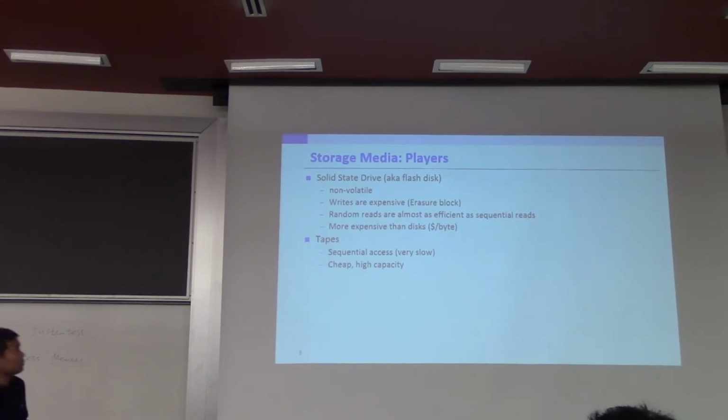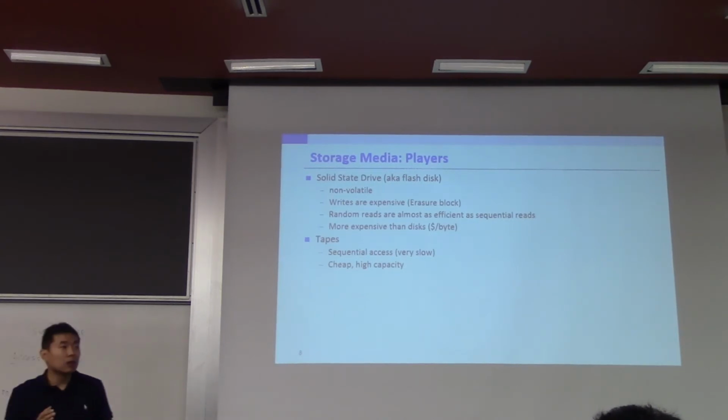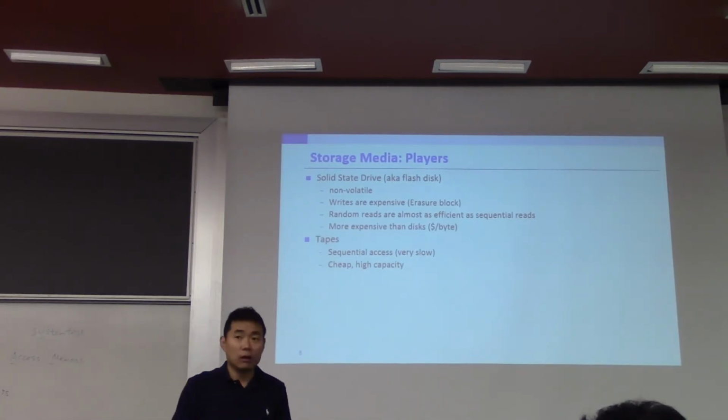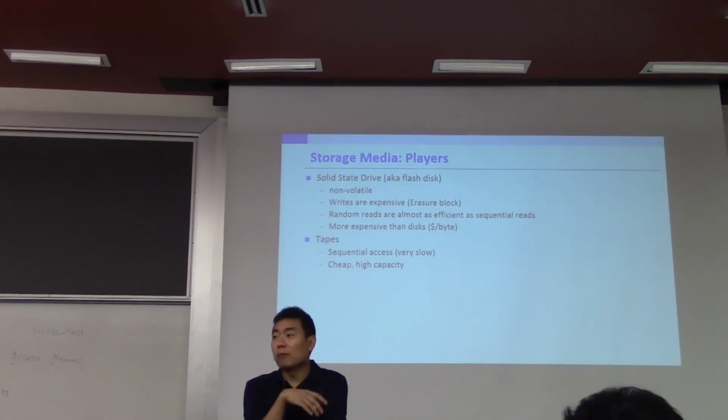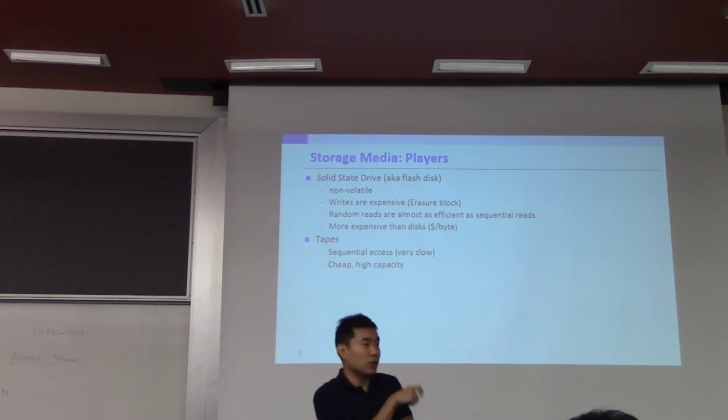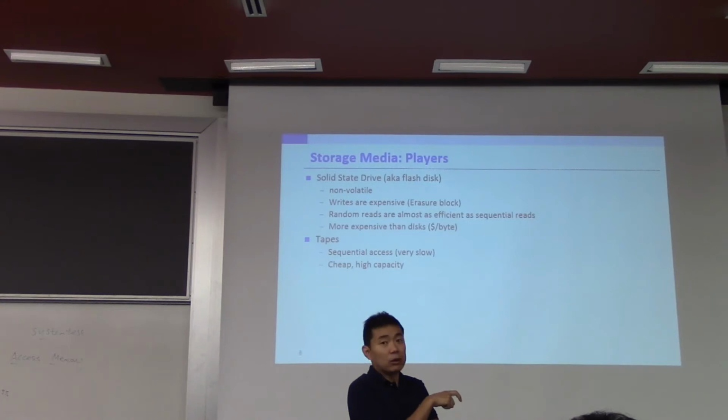So I mentioned solid state drive. There are also tapes which I will skip because this is really for archiving purposes. If you have a large amount of data, so large that it goes beyond what your disk is capable of storing, and you rarely access those data, for example, data from back in the 1970s onwards. We rarely access those data, but occasionally I need to check against some record over there.